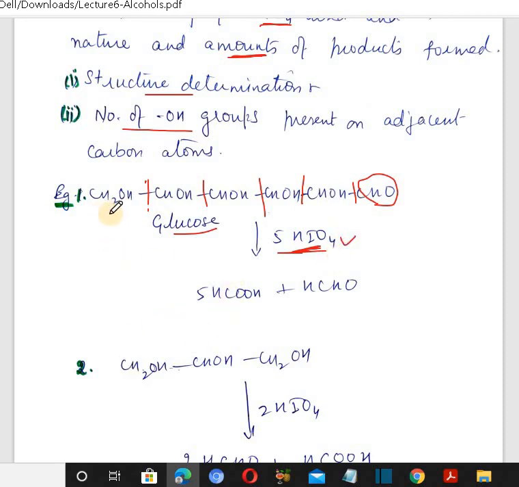So the extreme terminal carbon will give formaldehyde while the other secondary alcohol groups will give formic acid.